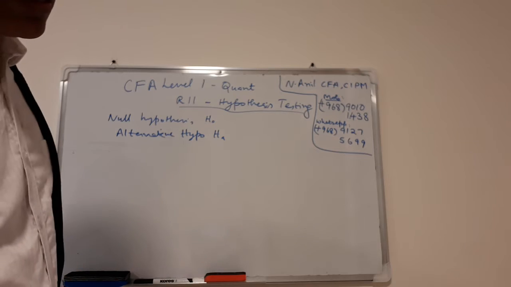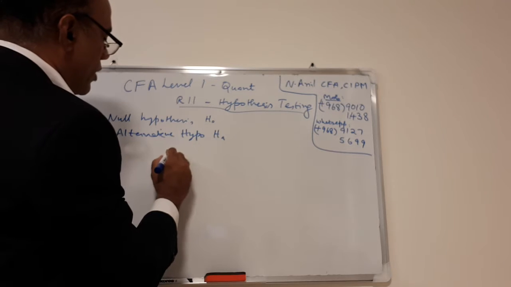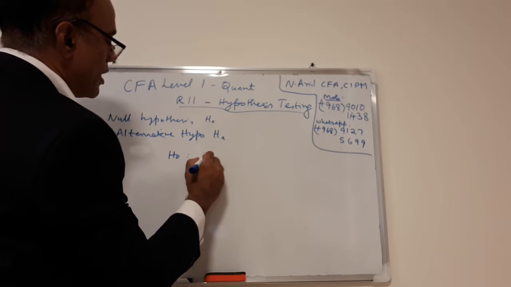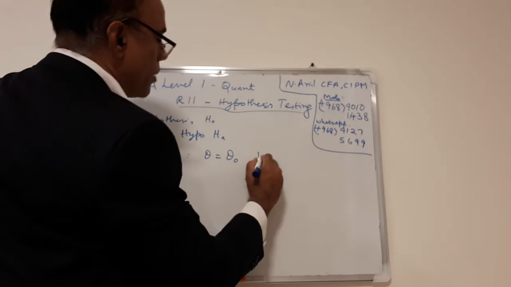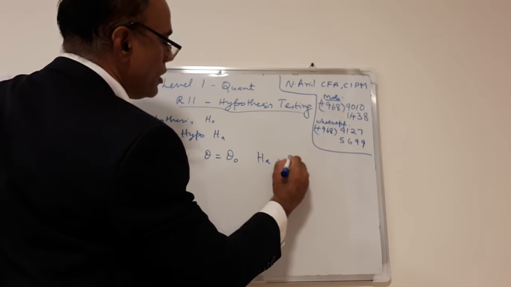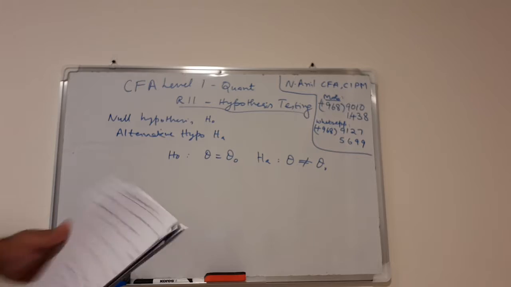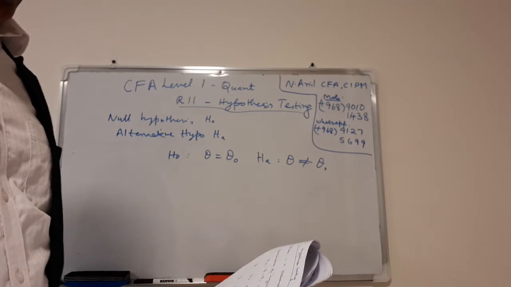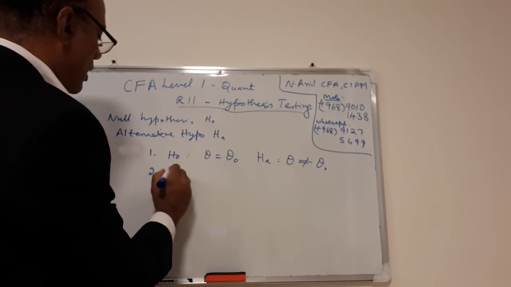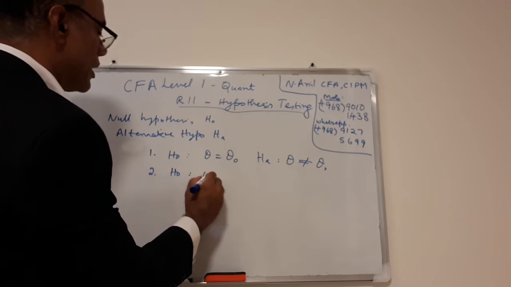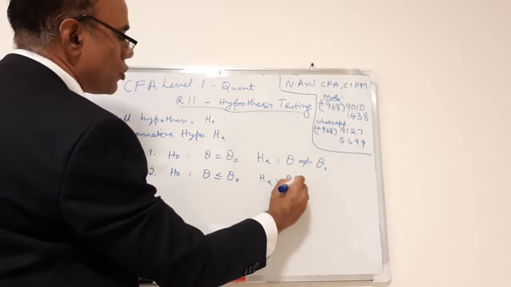If we say, for example, the null hypothesis says theta equals a particular value, theta naught, the alternative hypothesis will be theta not equal to theta naught. So it means theta can be greater or less. So this is a two-sided hypothesis. Whereas if you have a hypothesis like this, theta less than or equal to a particular value, theta naught, then the alternative is theta greater than theta naught.